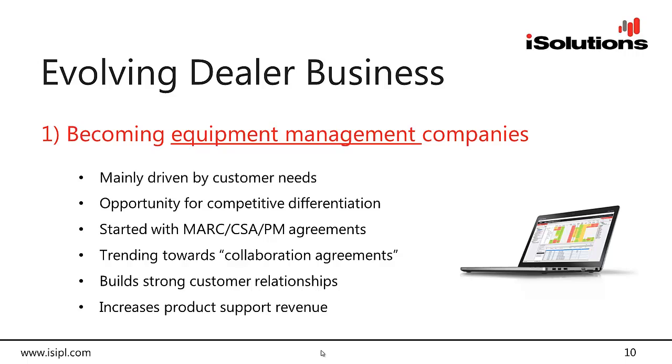We see that's where the dealer's future is instead of just selling machines and parts and service. The dealers are moving more into actually managing equipment and working more closely with customers to manage and optimize the performance of equipment. And some of that is through MARC agreements, but we see that there's going to be a much broader spectrum of arrangements or agreements with customers.